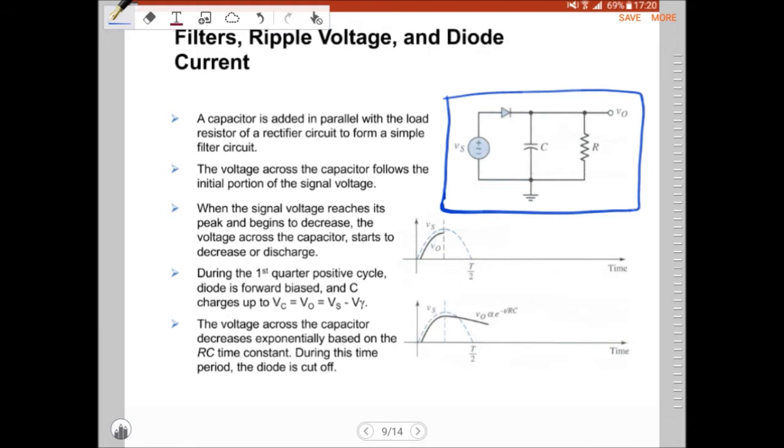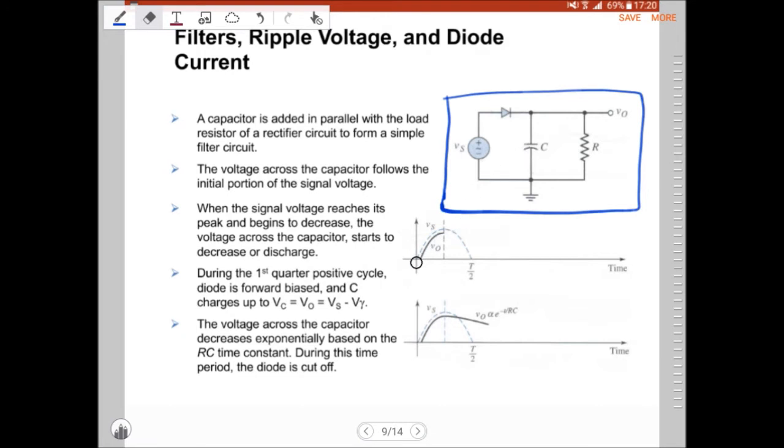First, if you look at the graph over here, you will see that the dotted line is the input. It can come from a half wave rectifier, for example, and the black line here is the output voltage.